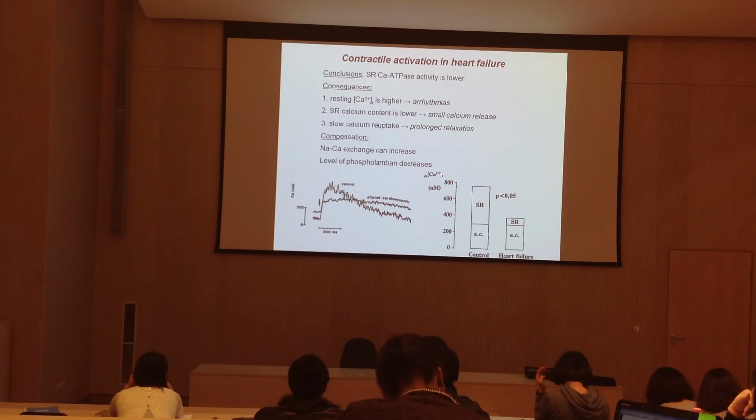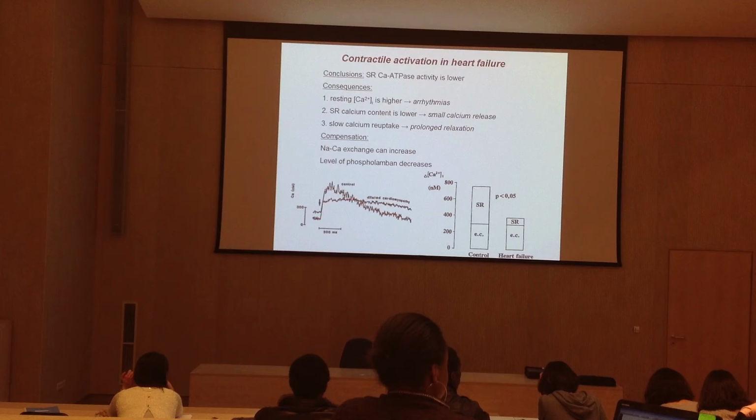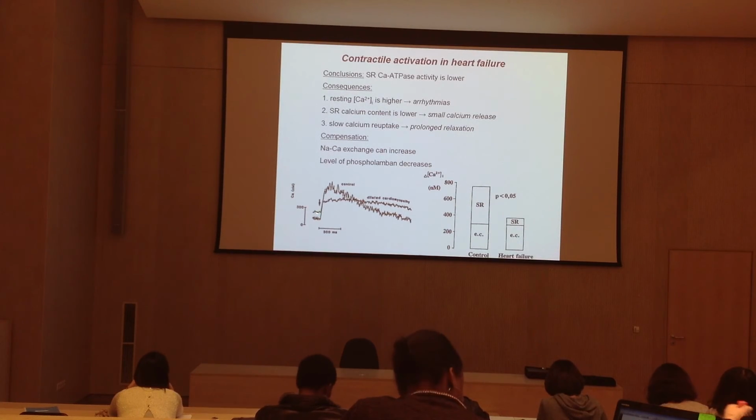It's very dangerous because the intracellular calcium level is high. Therefore, different arrhythmias can appear because the resistance of the gap junction can increase if the intracellular calcium is high. Therefore, the syncytium cannot work properly as in healthy conditions. So, the increased resting calcium is very dangerous because different arrhythmias can complicate the situation.